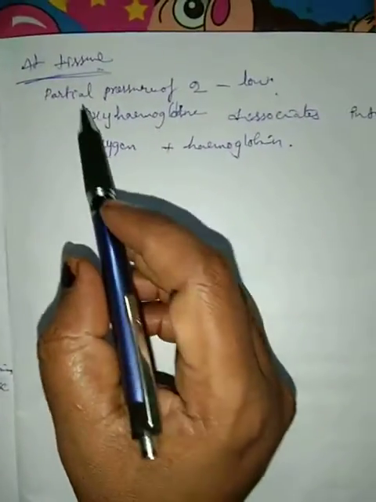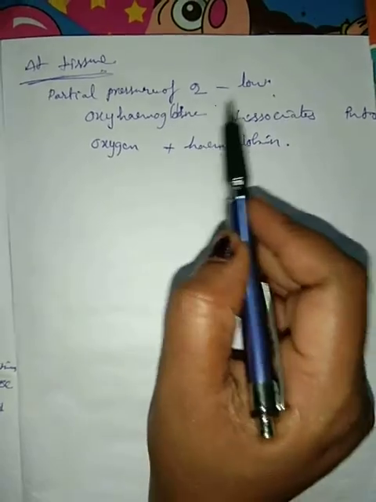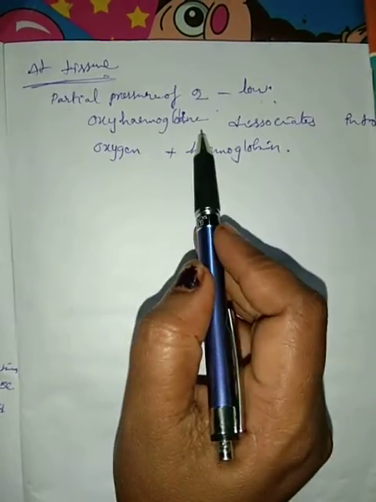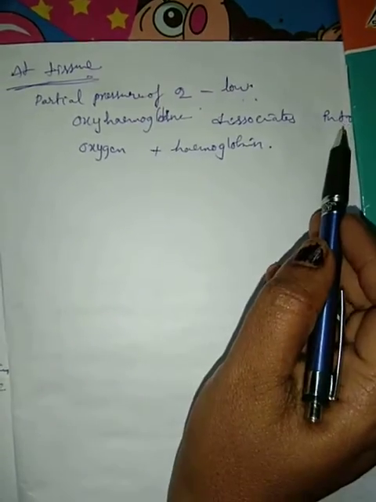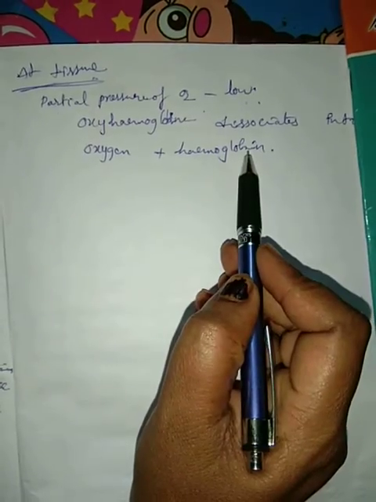Okay, so at tissue stage, partial pressure of O2 is low and oxyhemoglobin is dissociated into oxygen plus hemoglobin.